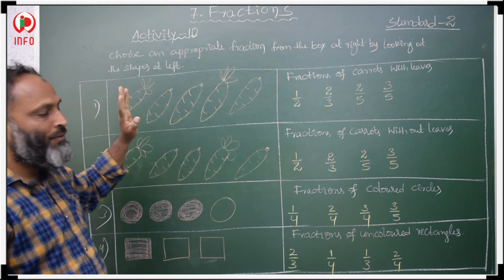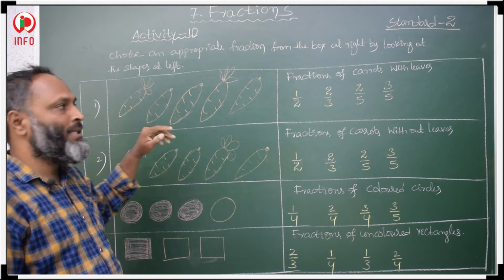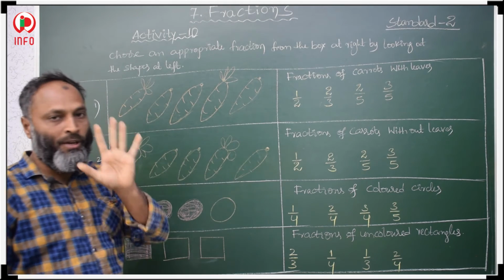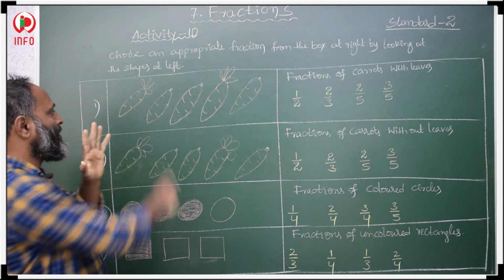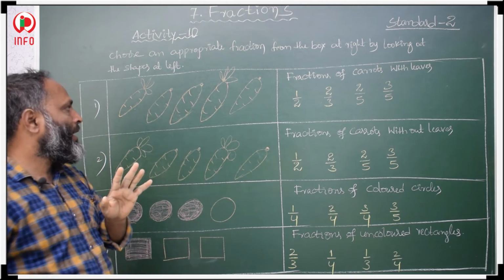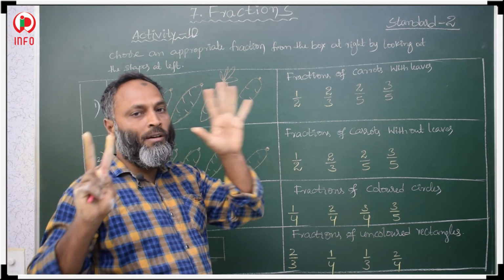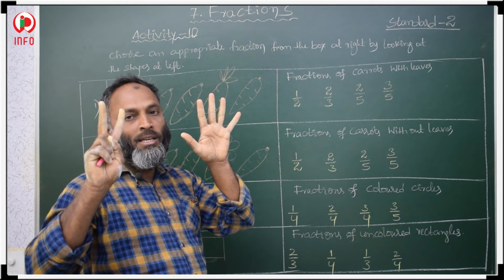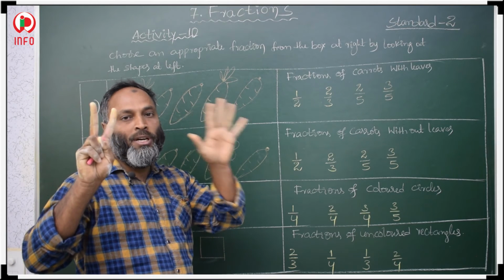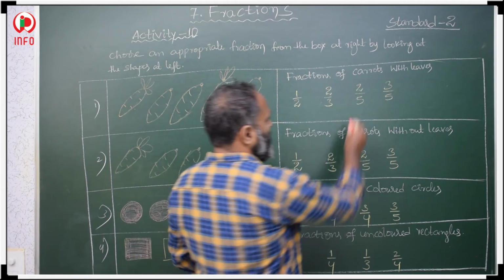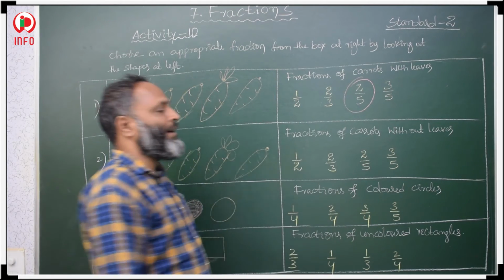First of all we have to check how many carrots are given, 1, 2, 3, 4, 5 carrots. Of these 5 carrots, 2 carrots have leaves. Out of 5 carrots, 2 have leaves, that is 2 by 5. Circle 2 by 5. This is our right fraction.